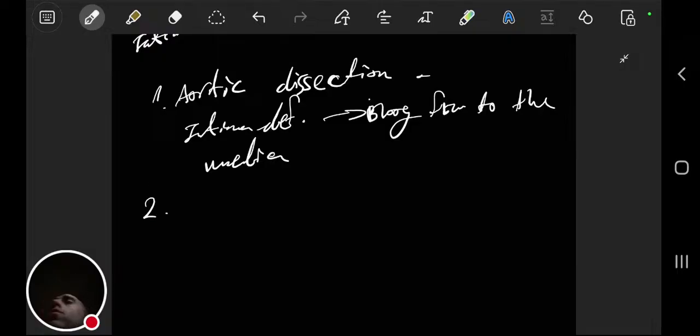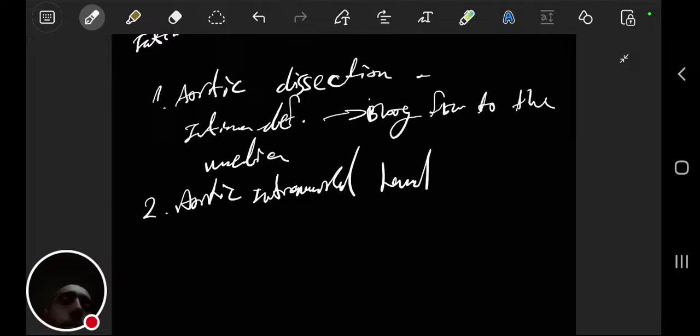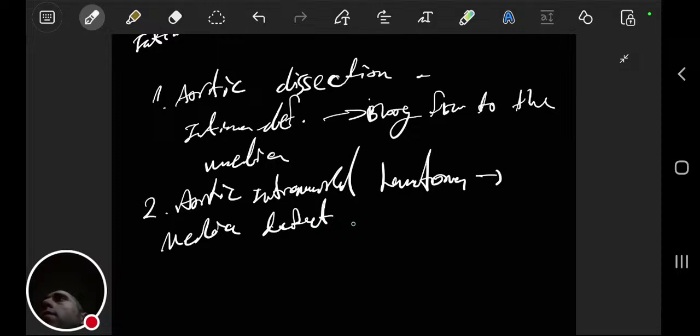Second thing we're going to talk about is the aortic intramural hematoma. So let's write it down: aortic intramural hematoma. When I'm talking about aortic intramural hematoma, I'm talking about a media defect. Note, media is in the middle. From what can I have a media defect? Within the vasa vasorum. Vasa vasorum are the blood vessels that nourish the aortic wall or the blood vessel wall.